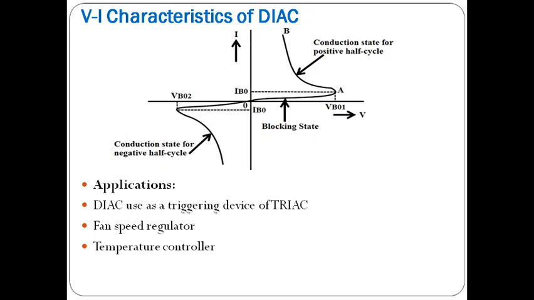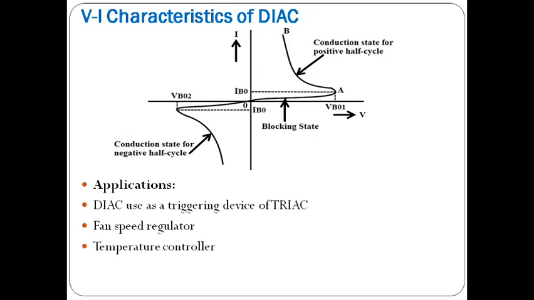Here we are not supplying the gate pulse, so we are not mentioning the gate current. Before the breakdown voltage, it is a very small reverse current, and when it reaches the breakdown voltage, sudden current will flow in this circuit. So it is for the positive half cycle. Similarly, for the negative half cycle you can observe the characteristics.